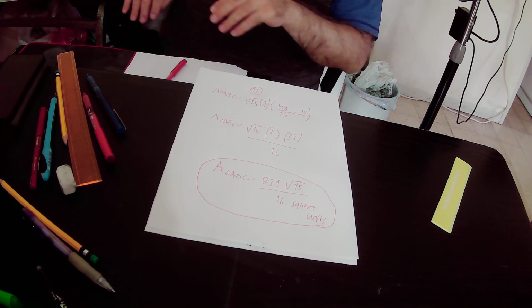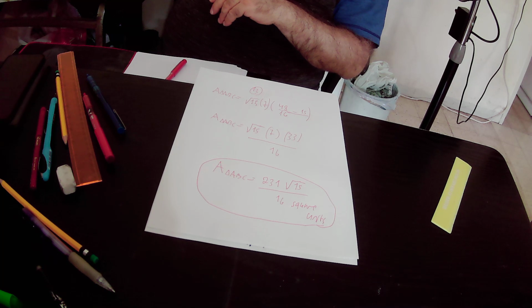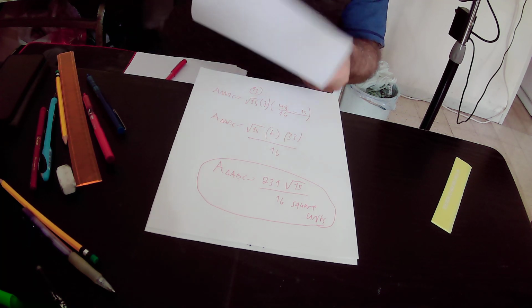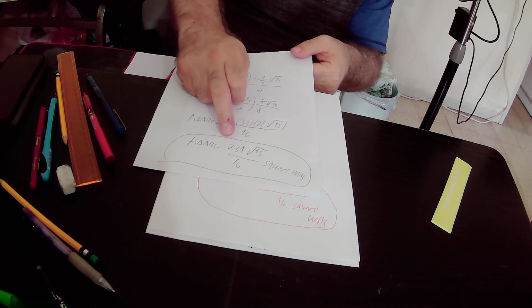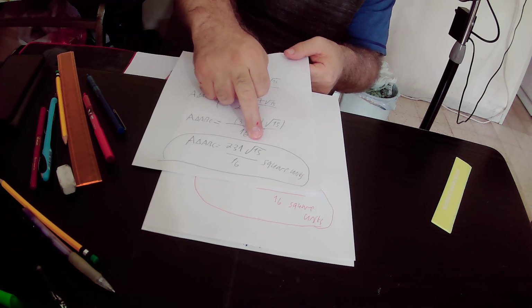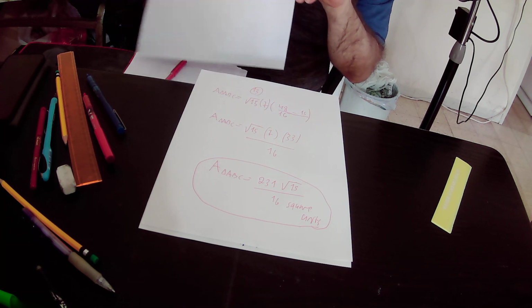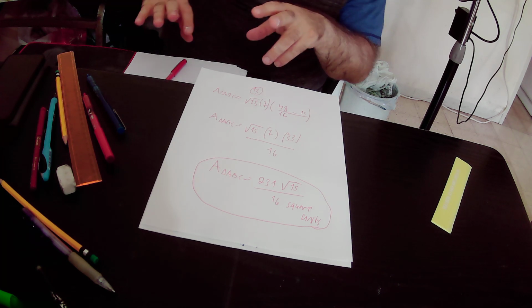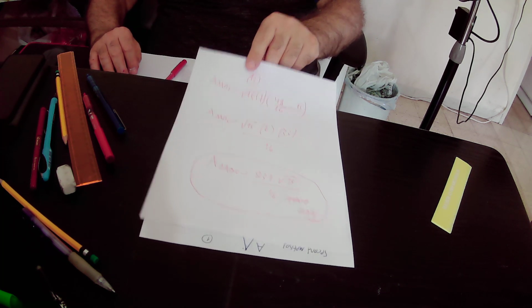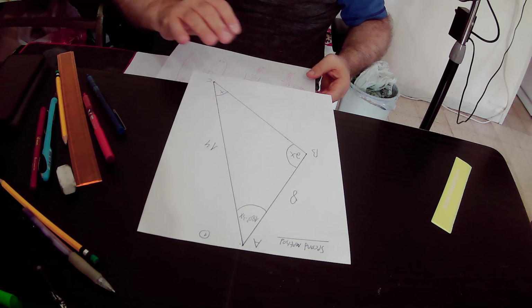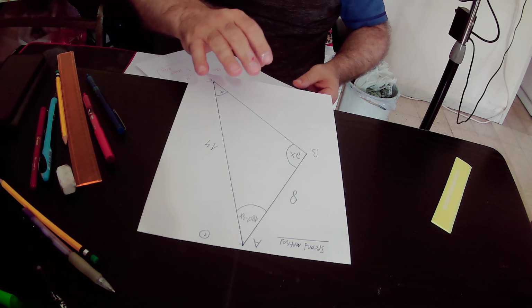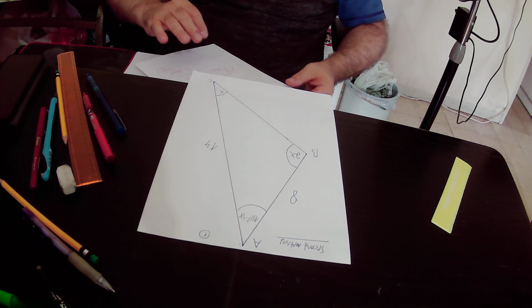And in the first method we also got that the area of triangle ABC equals 231 times root 15 over 16. So in both methods we got the same answer, that the area of triangle ABC equals 231 times root 15 over 16 square units.